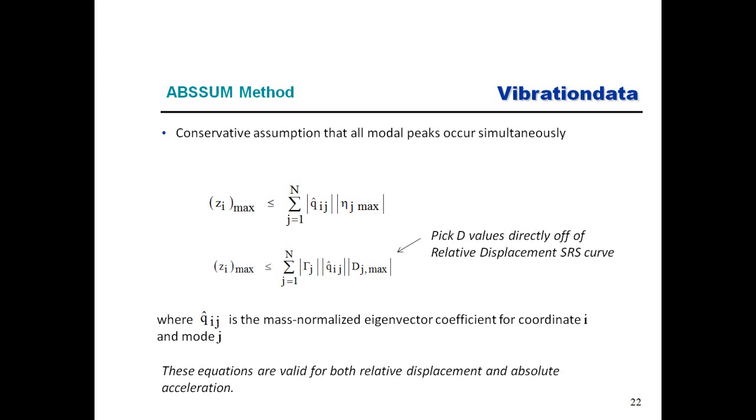This gives us an estimate for the upper limit of our peak relative displacements for each of our 2 degrees of freedom.